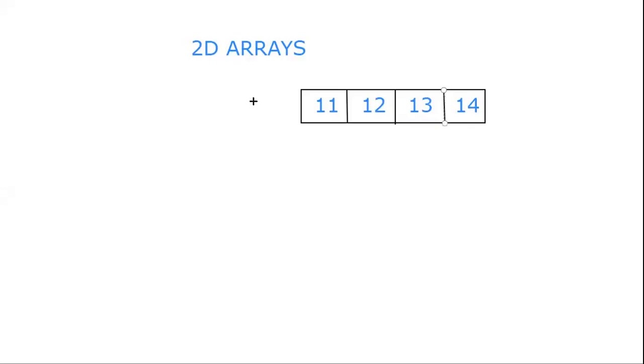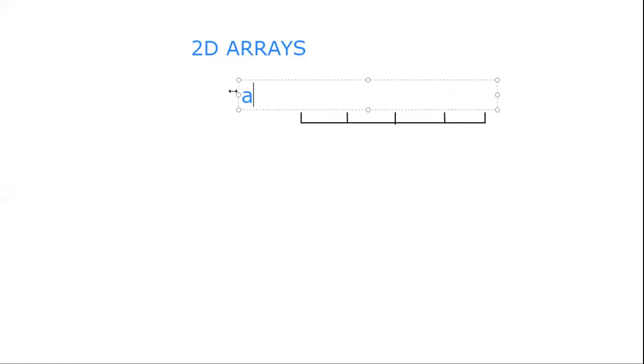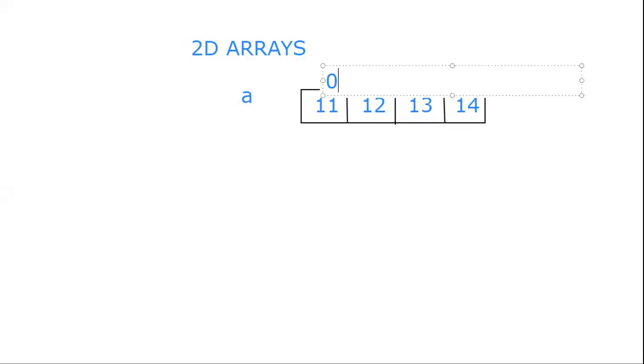If we give a name for this, say we name it array A, in this case we are going to have an index also. We know that there will be an index for each element of the array. The first index is 0, next index is 1, next is 2, next is 3. We have seen that A of 0 is equal to 11.